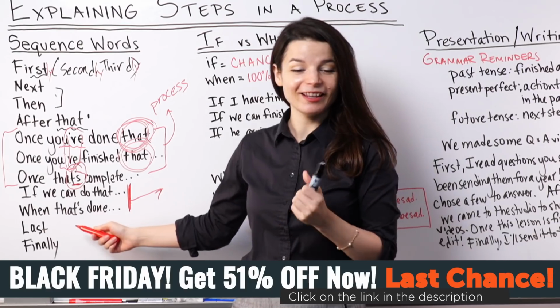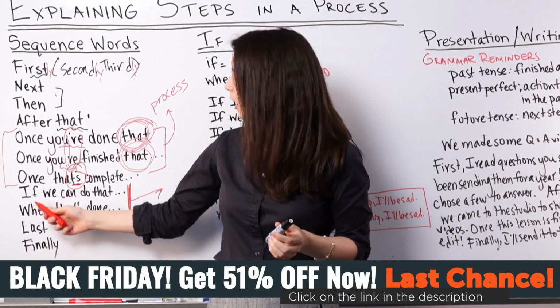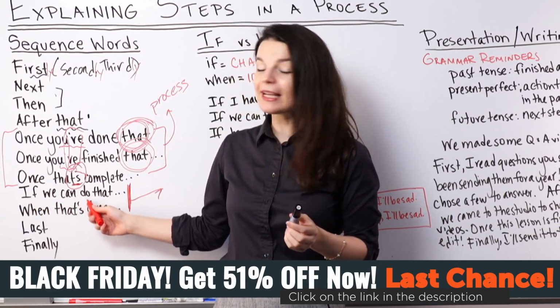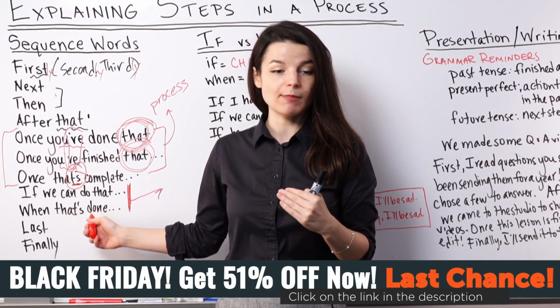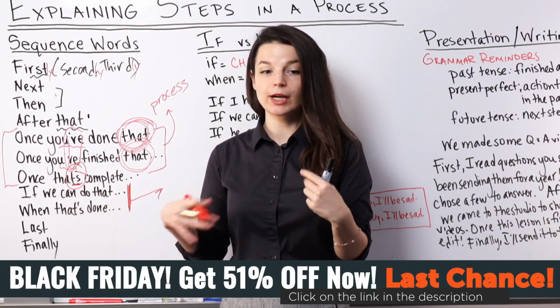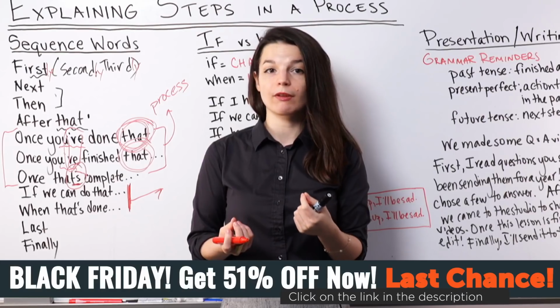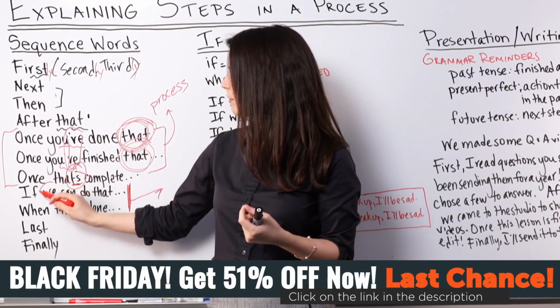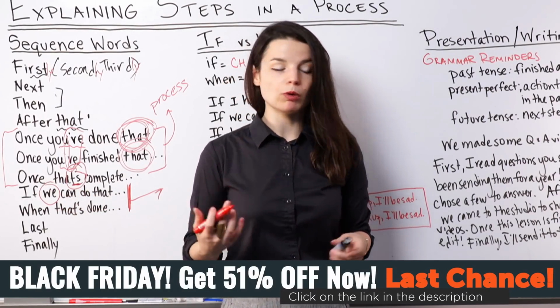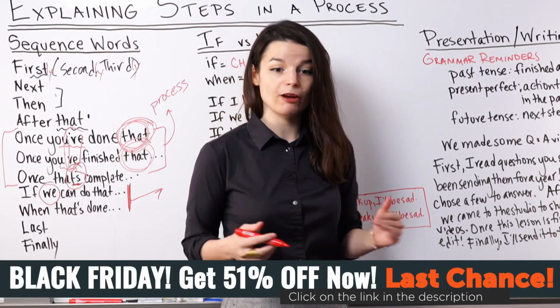So the next pair are, first, if we can do that. I've made this as a presentation or group-related example. You'll notice I'm using "we": if we can do that.